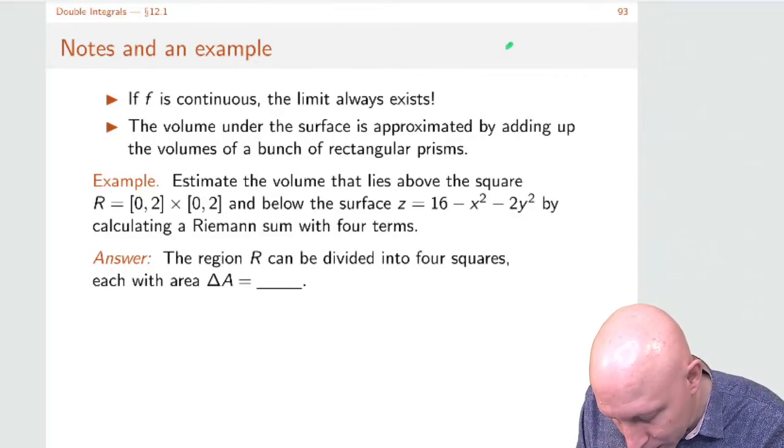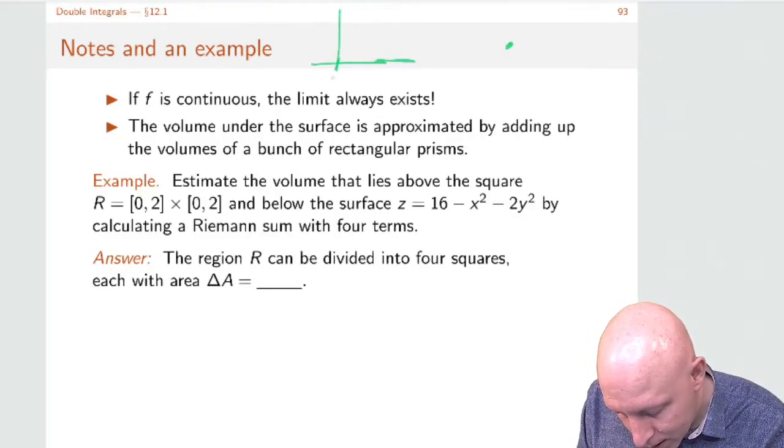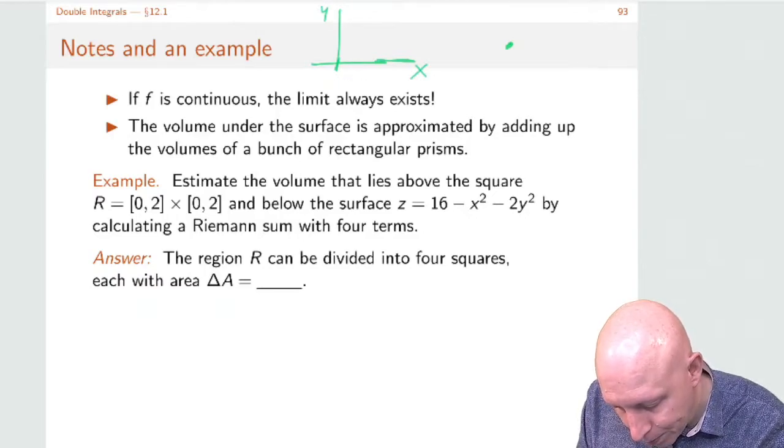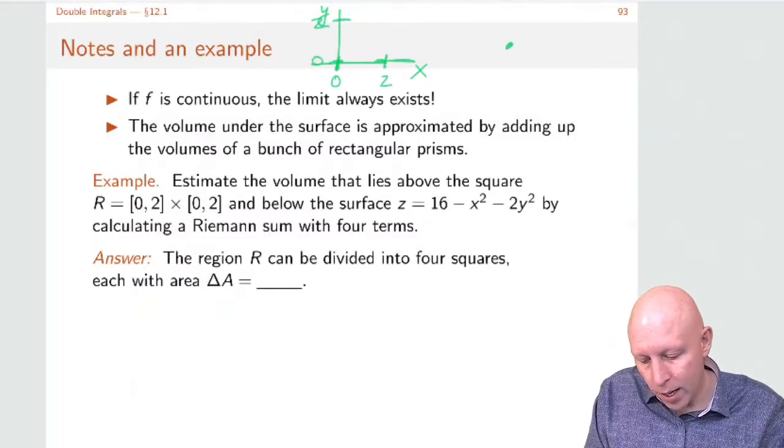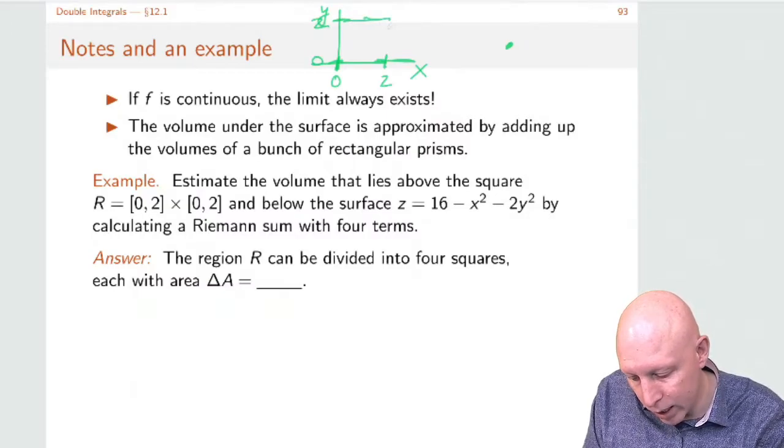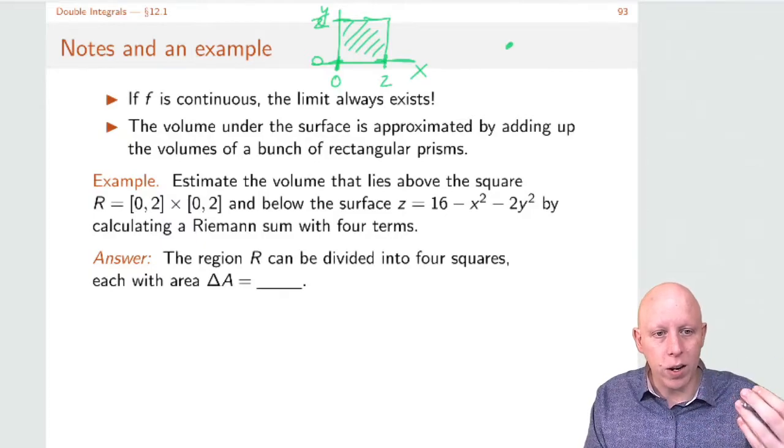So we've got the x and y, and we're saying we're going from 0 to 2, and then from 0 to 2, and this is our region that we care about. This is the region that we are integrating over.